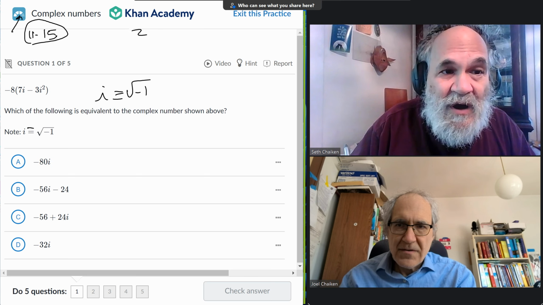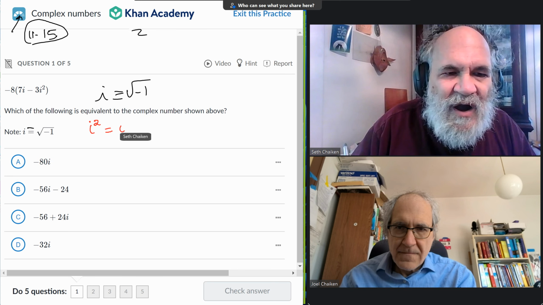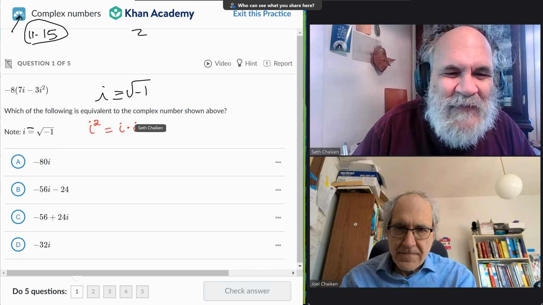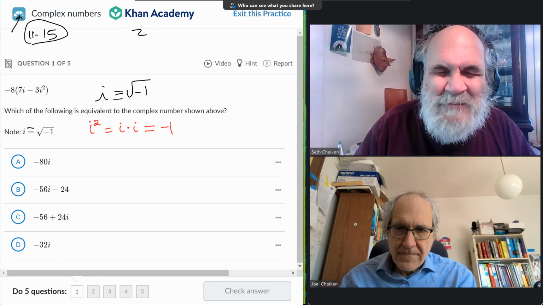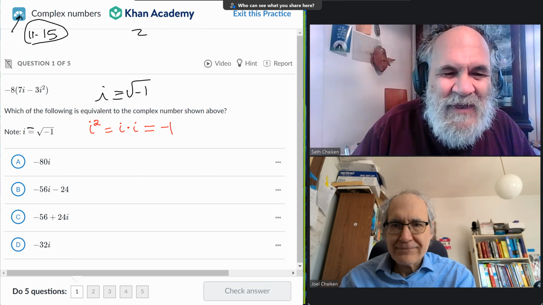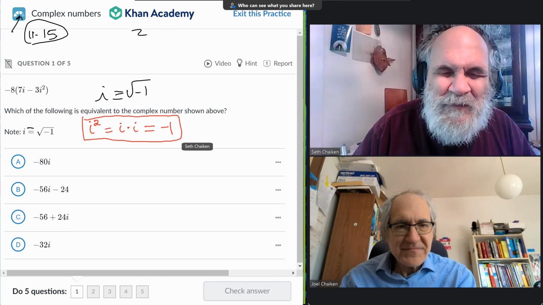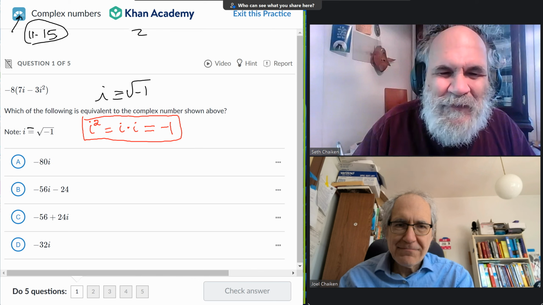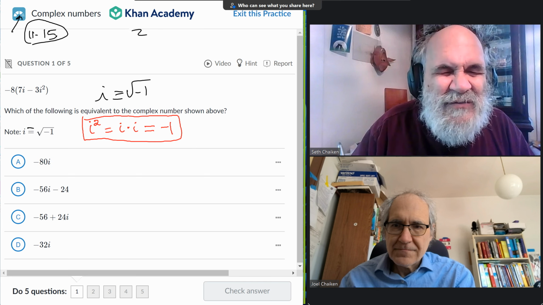Whenever i appears as a square, or i times i, you simplify it to -1. And so I'd say this is a better definition of i. Absolutely.